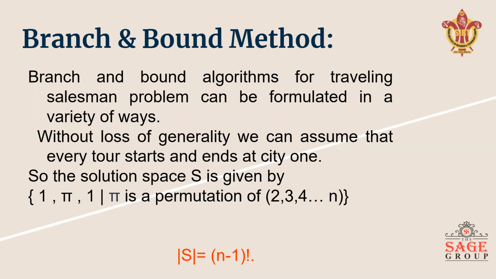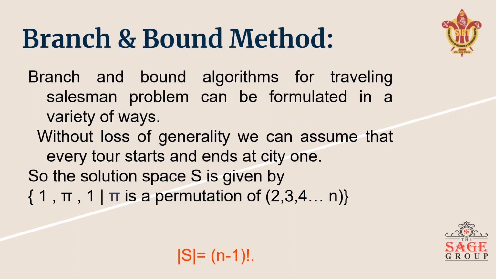Now, let us discuss about what is a branch and bound method. It is an algorithmic design technique in which we use to solve such a problem like traveling salesman problem, where by using branch and bound algorithms for traveling salesman problem can be formulated in a variety of ways.